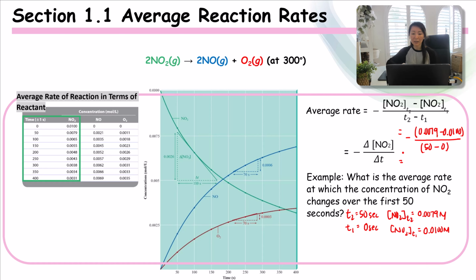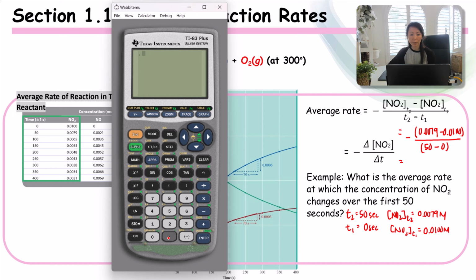So let's go ahead and punch this into the calculator. 0.0079 minus 0.0100. And then we'll go ahead and press enter. That's going to give me a negative value, but don't worry. And then we're going to divide that by 50 minus 0. And then press enter.